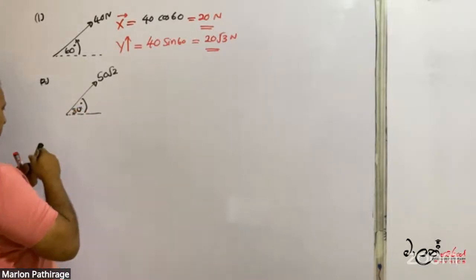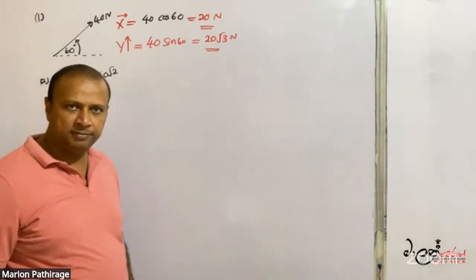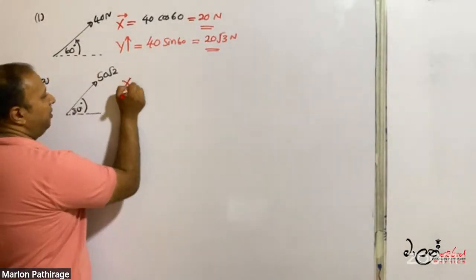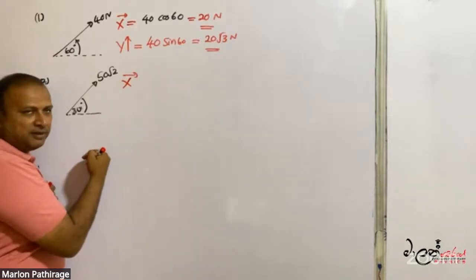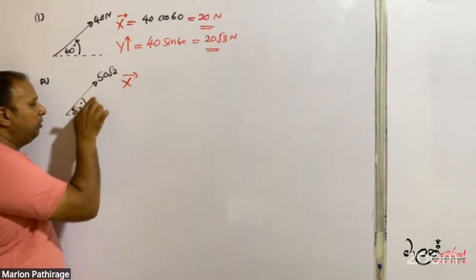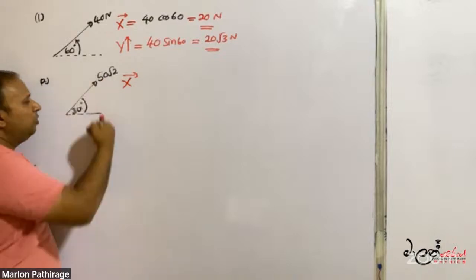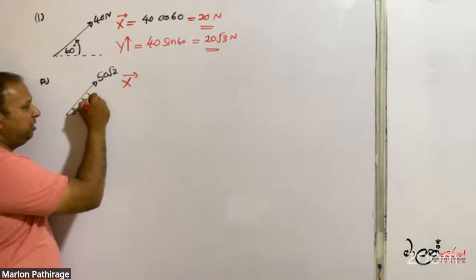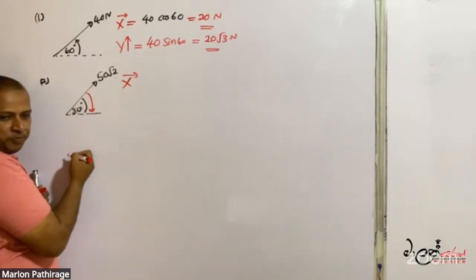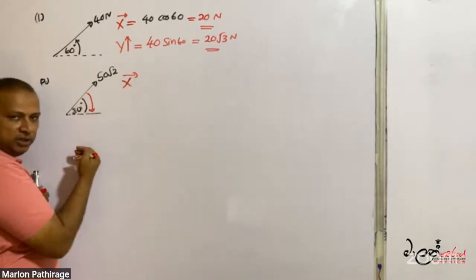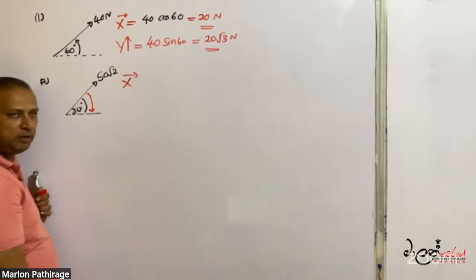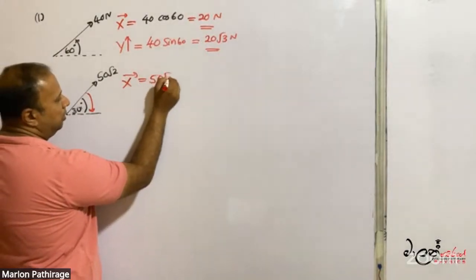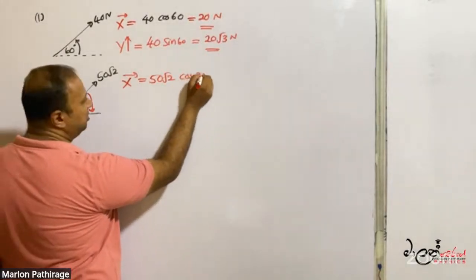Now tell me, what is the x component? When you resolve this one into x direction, it will be 50√2 into the direction of angle. Therefore, it should be cos. If you resolve this one into the side of the angle, it will be cos 30.